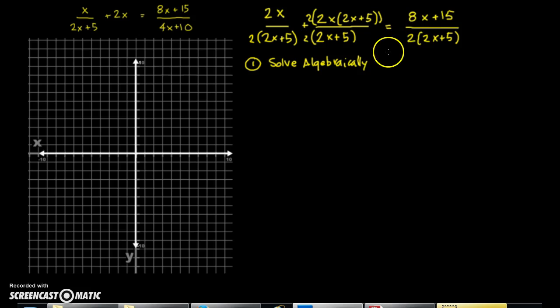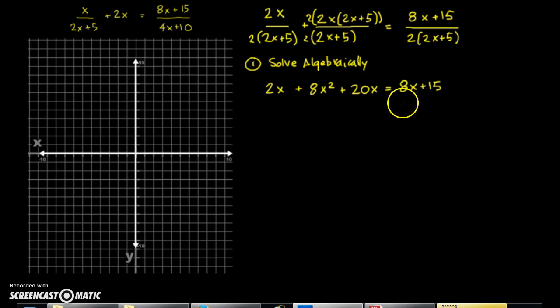If I have them all under the same denominator, I can now get rid of that denominator. So I will be left with, now this is a little wonky, 2 times 2x plus 2 times 2x, so that's 8x squared, plus, now what is that? 2 times 2x times 5, so that's 20x, equaling 8x plus 15.